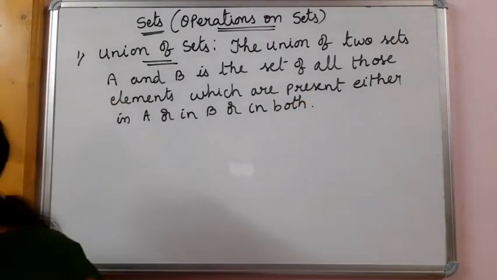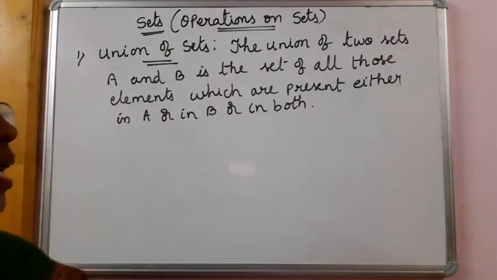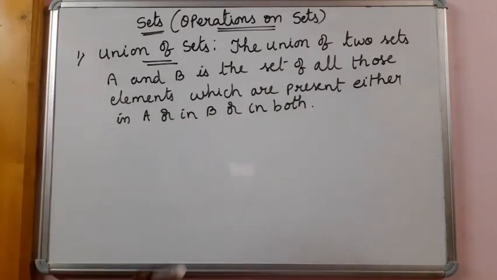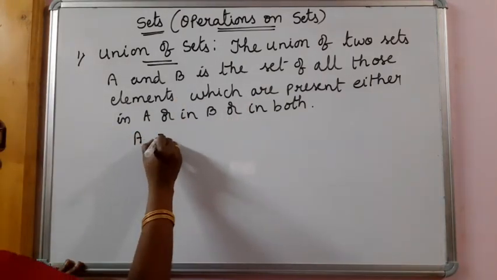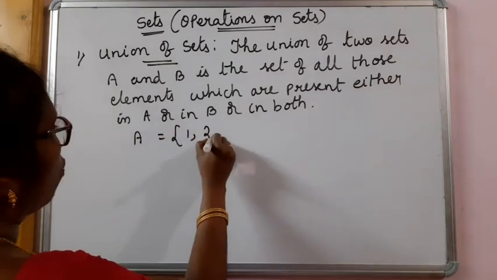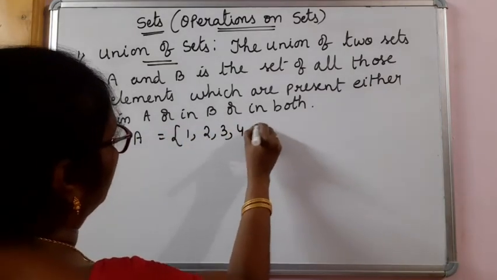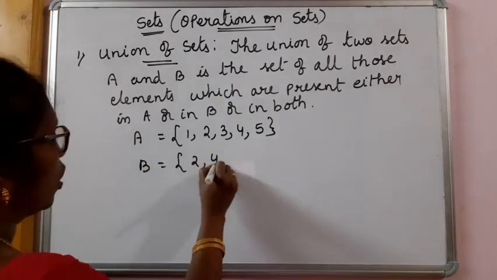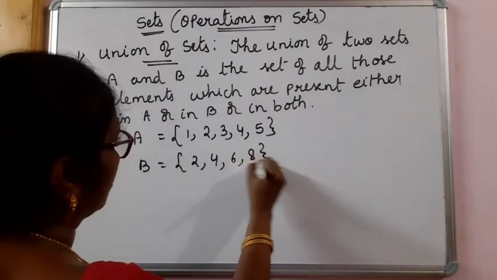When I explain like this, you may or may not be able to understand, so let me explain by giving an example. Suppose set A has 1, 2, 3, 4, 5 and set B has 2, 4, 6, 8.